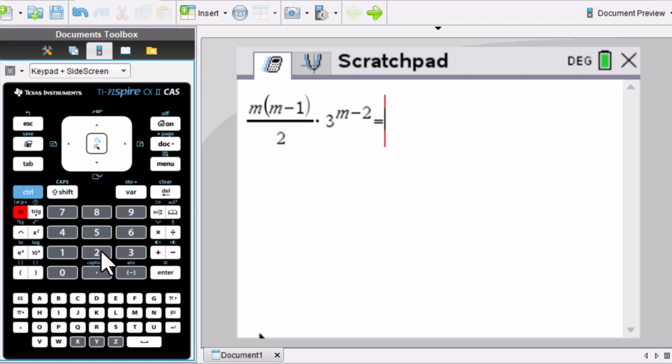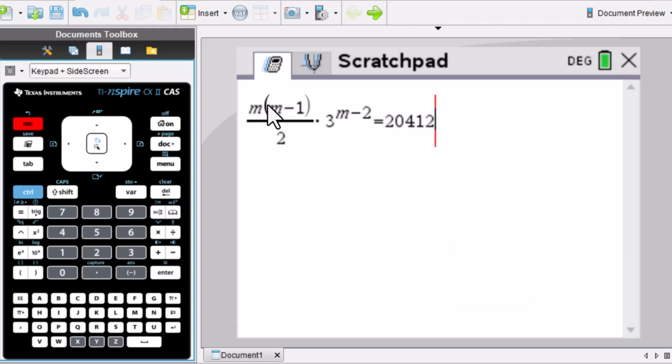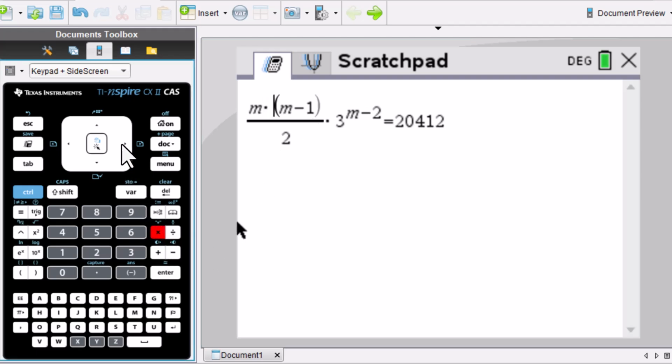Equals 20,412. Control menu. It won't show up. So you need to check what's going on for this equation. For this m times (m minus 1), you need to put a multiplication sign. Then go to the end. Control menu.